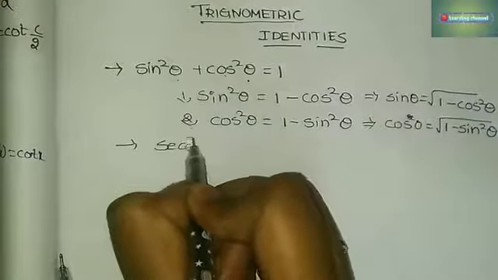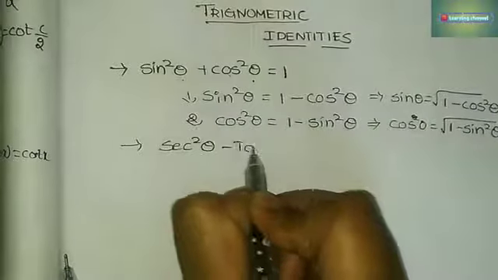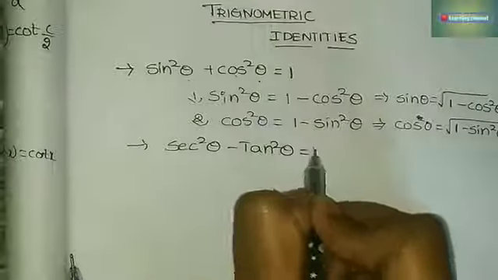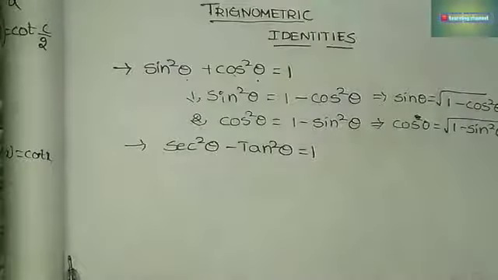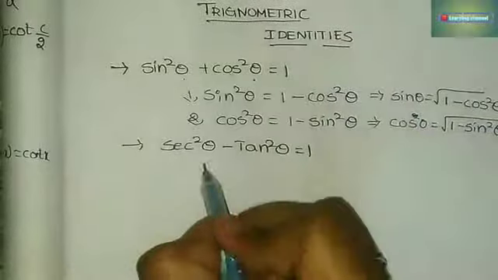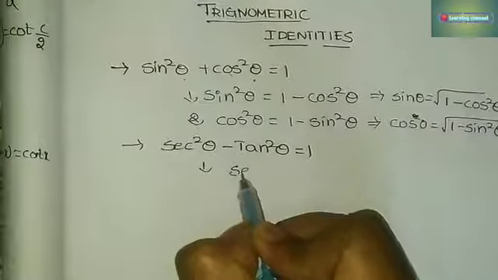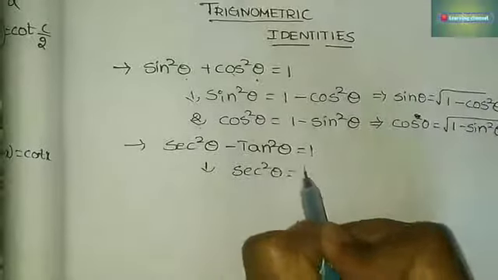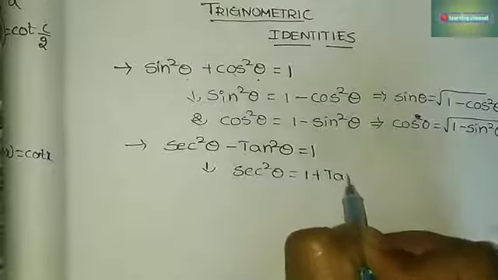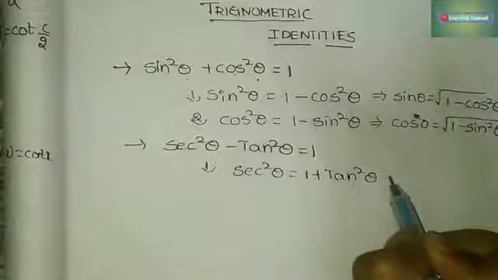The second one is secant square theta minus tan square theta is equal to 1. And in this, we have the deductions. Secant square theta is equal to 1 plus tan square theta.